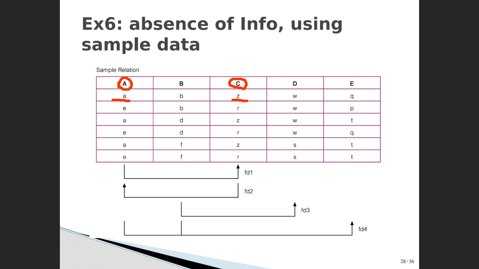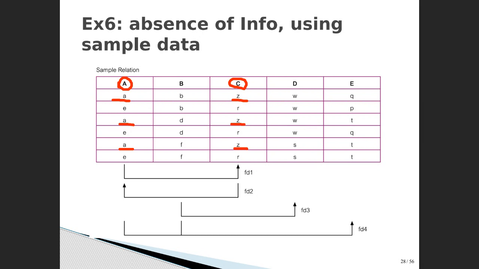When a appears here, Z appears here. Same way, Z appears here, a appears here. So it's 1 to 1. It's a 1 to 1 relationship. So we can know that A is a determinant for C.